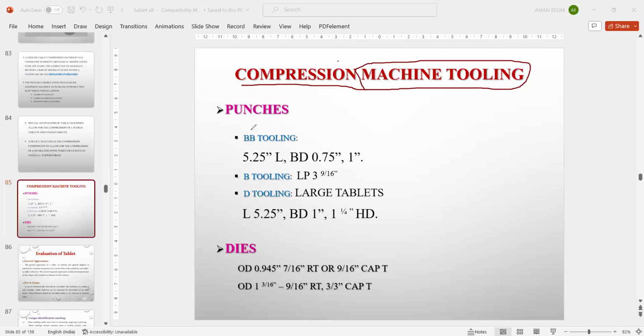Can you tell me, guys, what is B tooling and D tooling? What are the head diameters and barrel diameters? Can you tell me, guys, what is head diameter and barrel diameter?